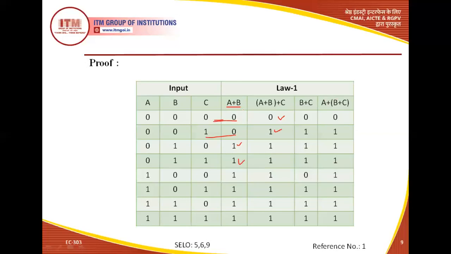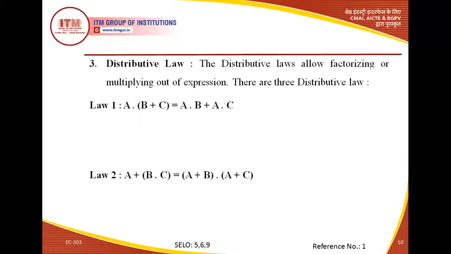You can also prove the second law similarly by using the truth table, which is also given in your exercise. So you will do the proof of the second law. Now the distributive law. The distributive law allows the factorization and multiplication of the expression.